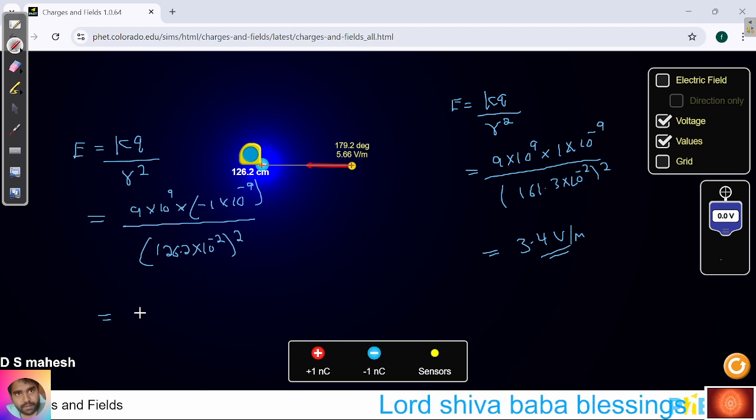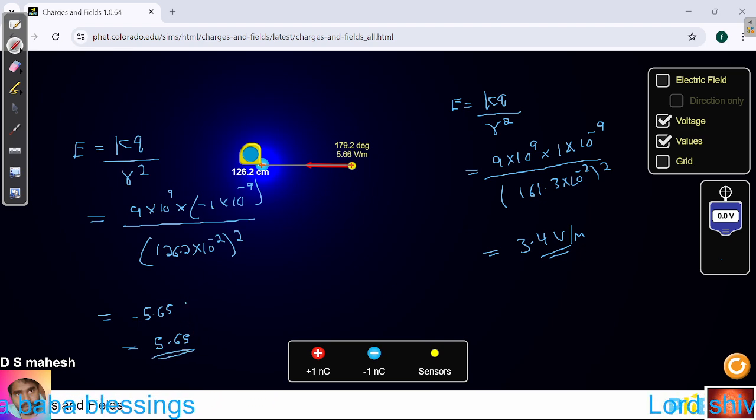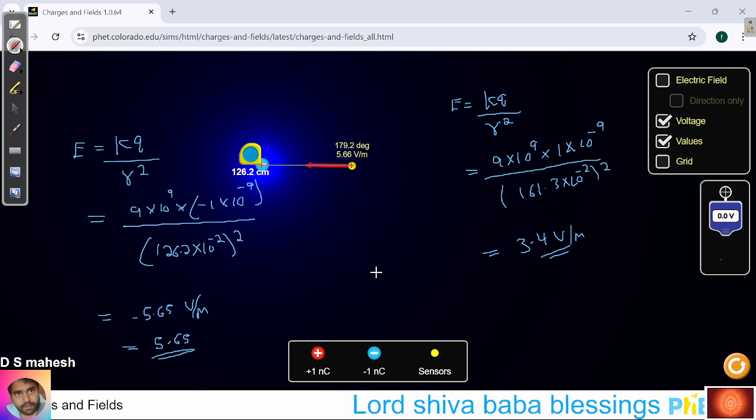So this is approximately minus 5.65. So we can take this as 5.65 volt per meter. Here the negative value indicates that this is a negative charge.